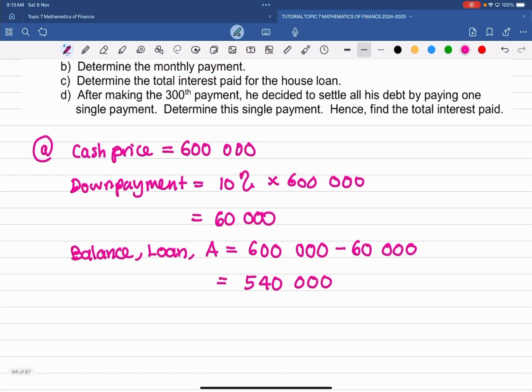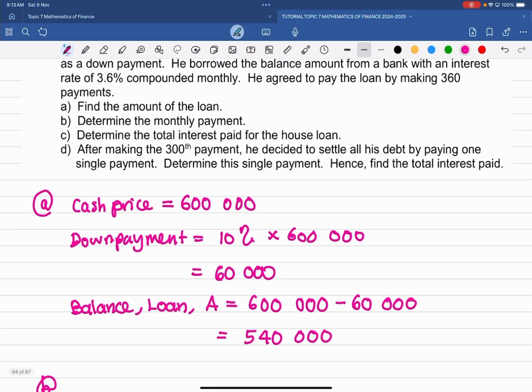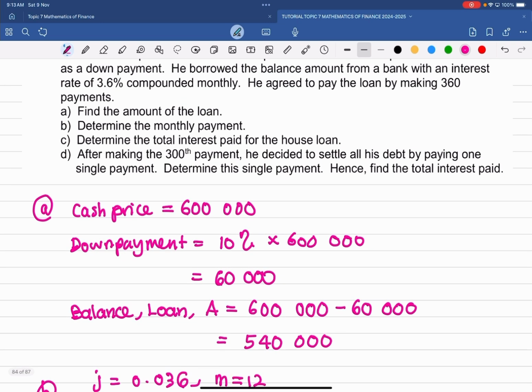So put into our formula: J is 0.036, compounded monthly, so M is 12. He agreed to pay the loan by making 360 payments.